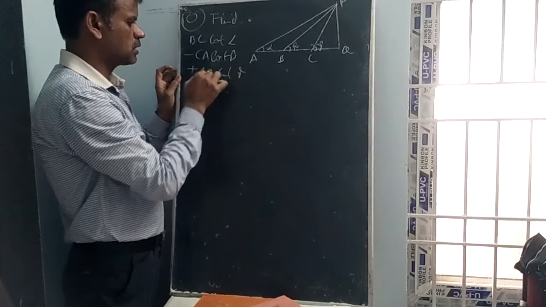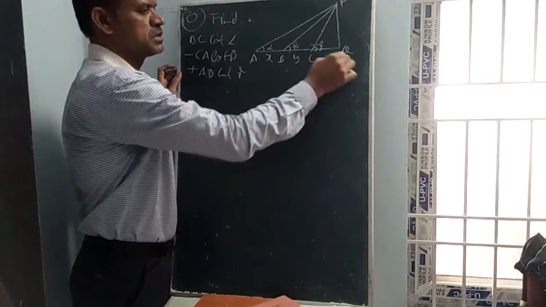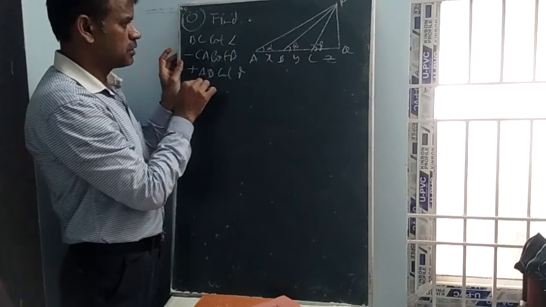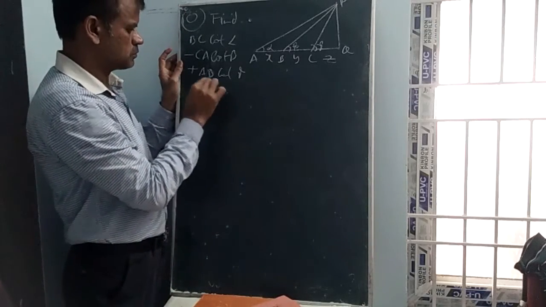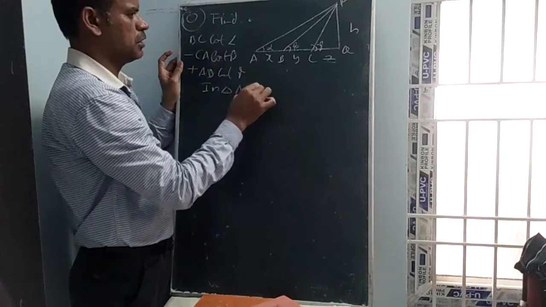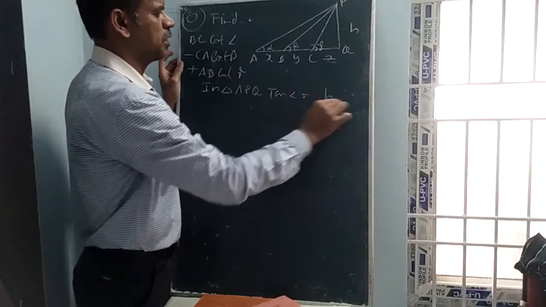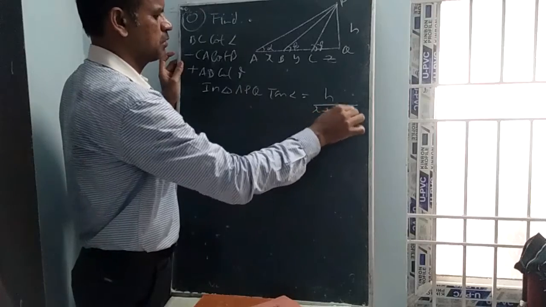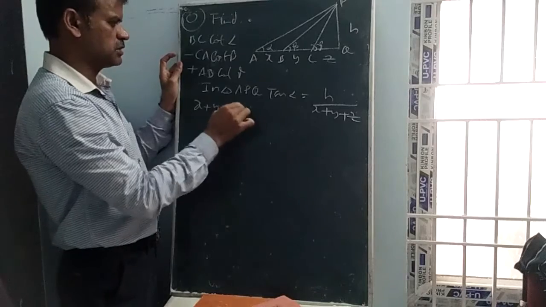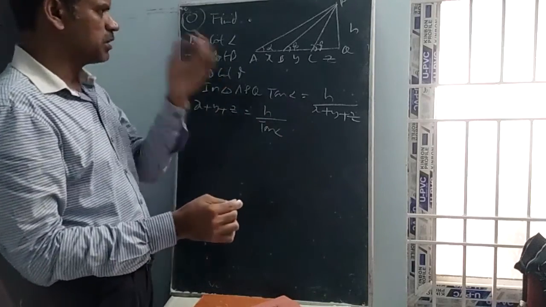Students, let this be X, this be Y, this be Z. Now let this be H. In triangle APQ, tan alpha equals H by X plus Y plus Z. So X plus Y plus Z is equal to H by tan alpha, meaning the full AQ.